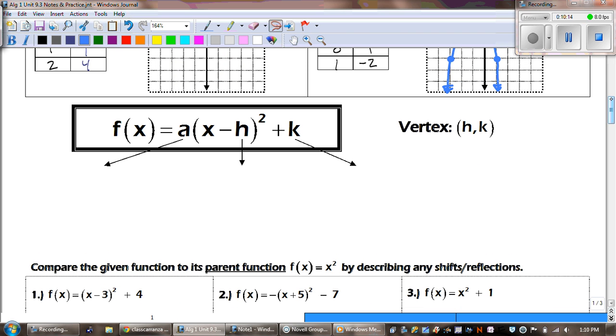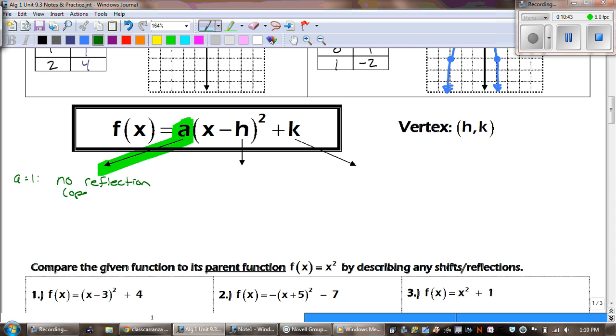Okay, so let's start with the a. The a up here is going to tell us two things. Now, what are those two things? Well, if a equals 1, this is going to tell us what our reflection is. So this means that there's no reflection.